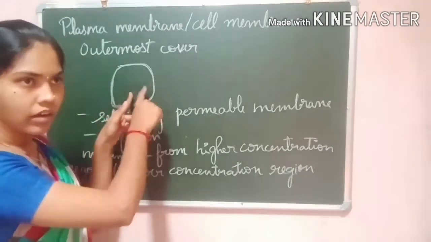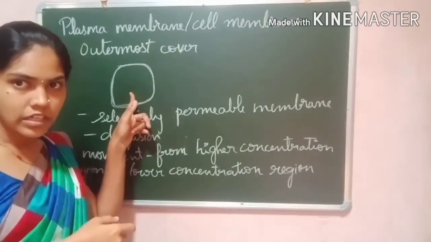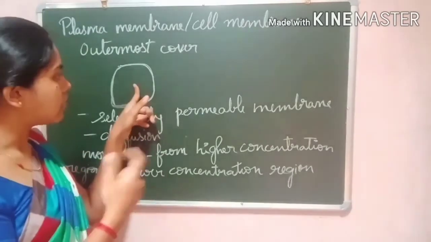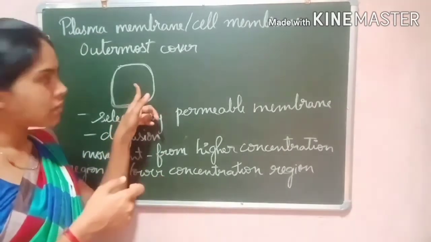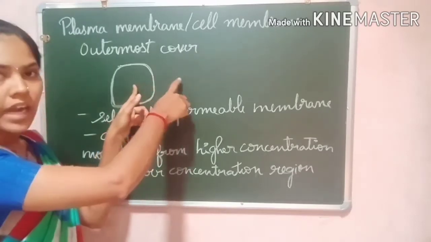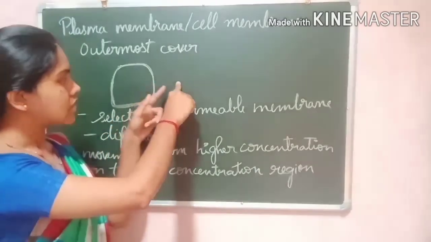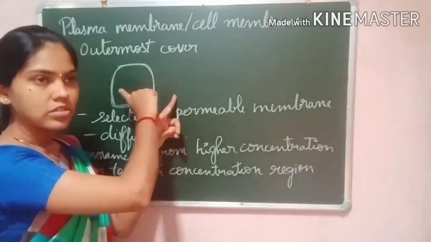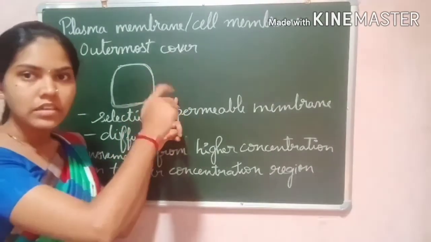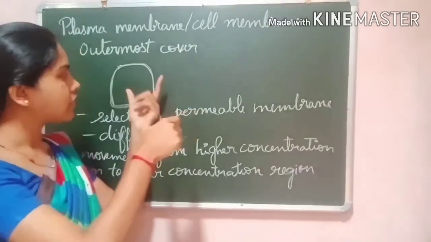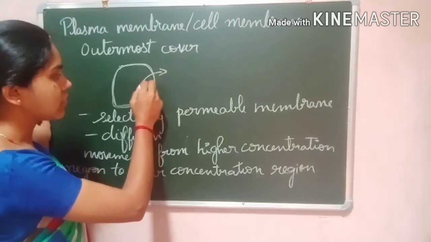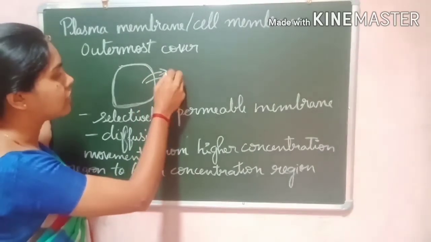So the carbon dioxide inside the cell creates a higher concentration level, and whenever it has to be removed from the cell, the concentration level of carbon dioxide outside is less. That creates a difference in concentration level, which leads to the removal of carbon dioxide from the cell.